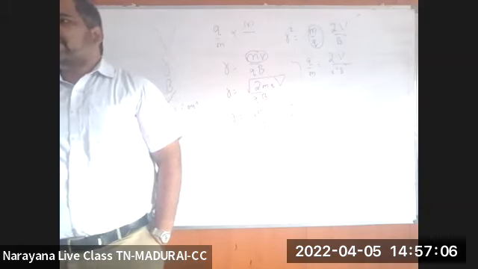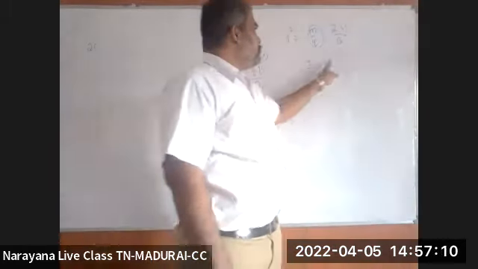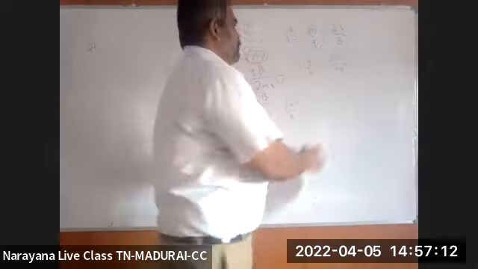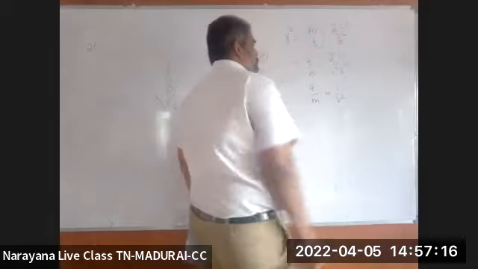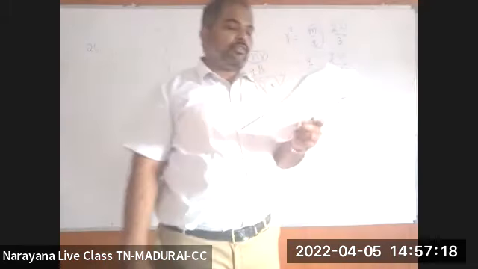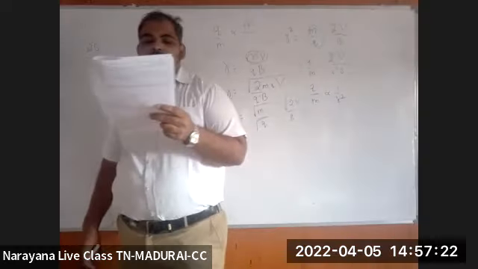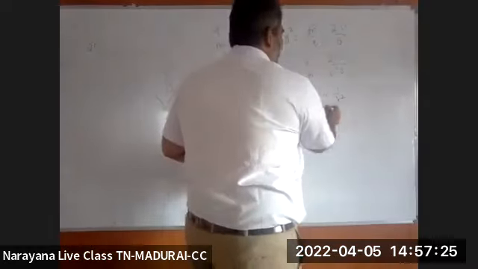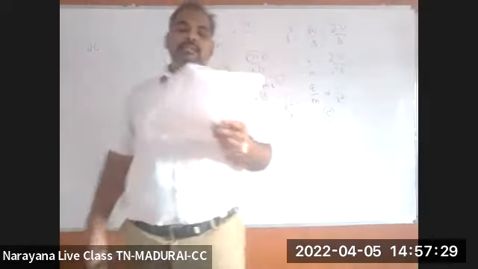Then V constant, 2 constant, B constant. So q by m is inversely proportional to R square, proportional to 1 by R square. Which is the right option? C is the right answer. Correct? Next.